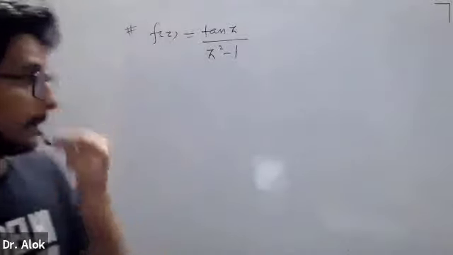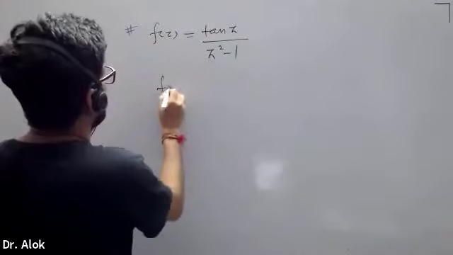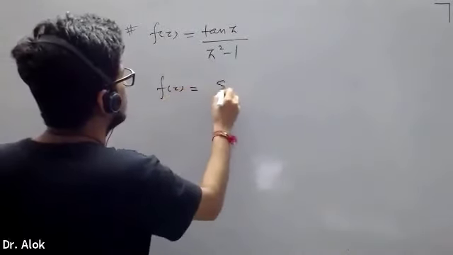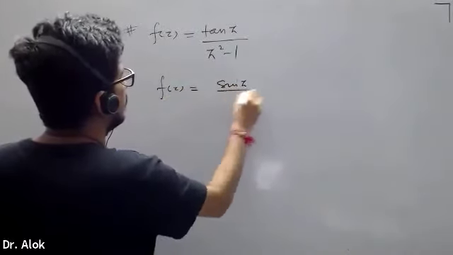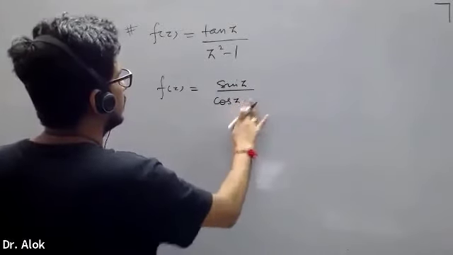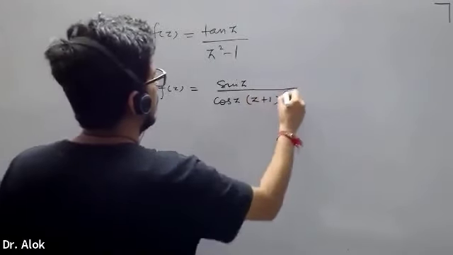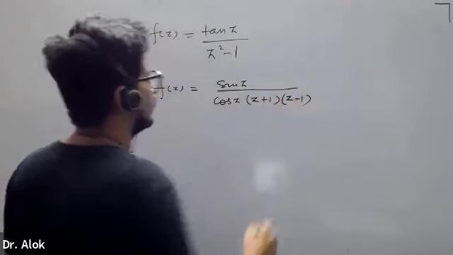So what type of pole can you see in this question? You have f(z) is equal to sin z over cos z, z plus 1 and z minus 1.